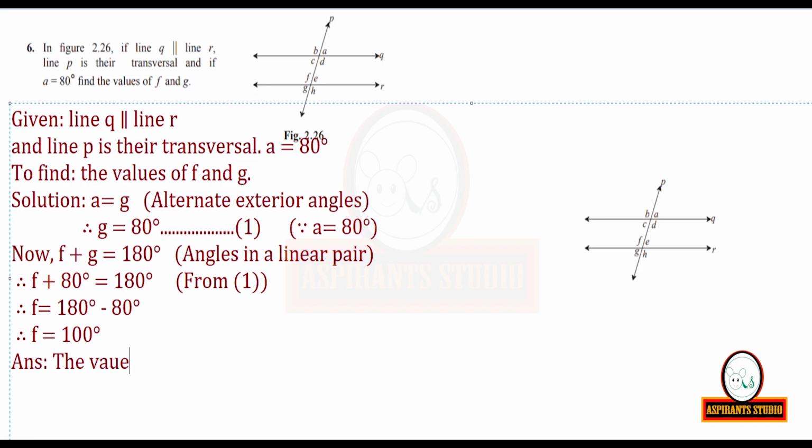Check the spelling, VALUE. And one more value is asked. What is that value? Value of G is also asked. So you have to write that also. And the value of G is 80 degrees.